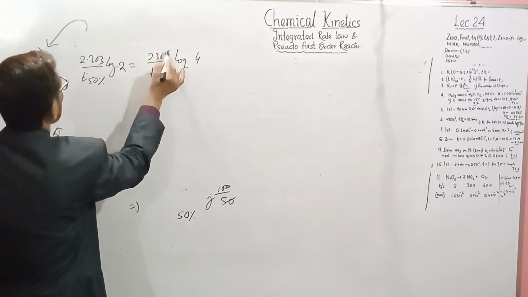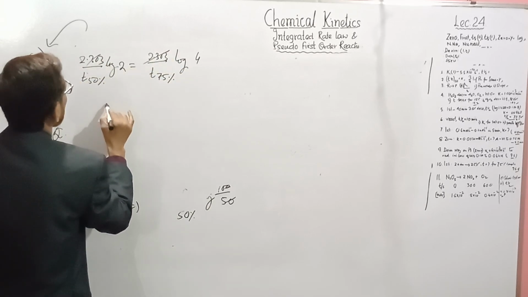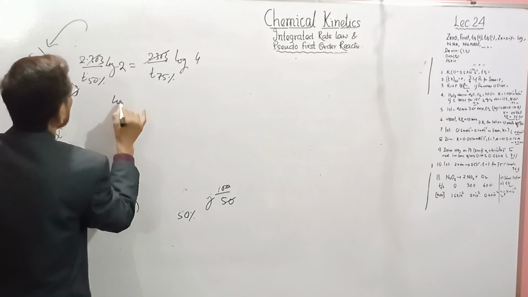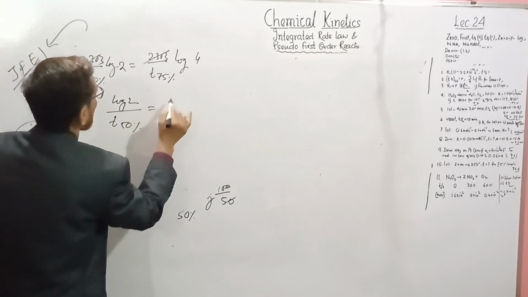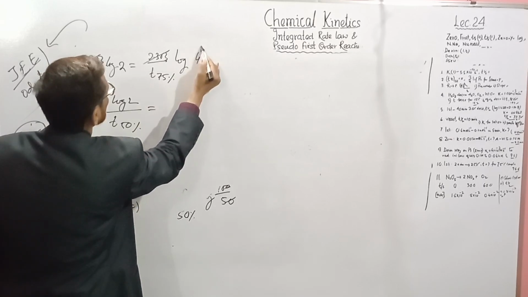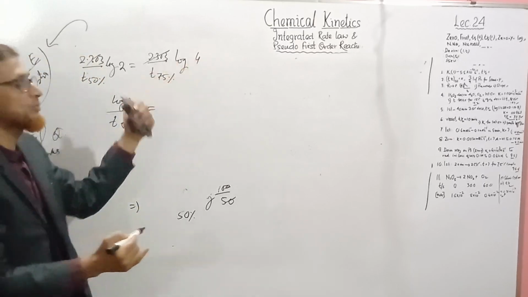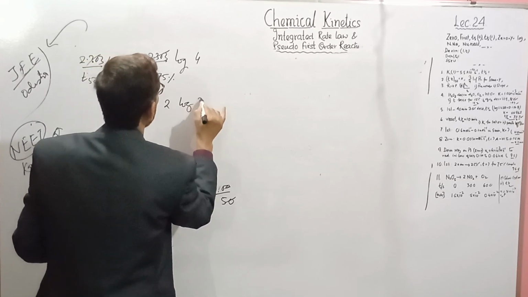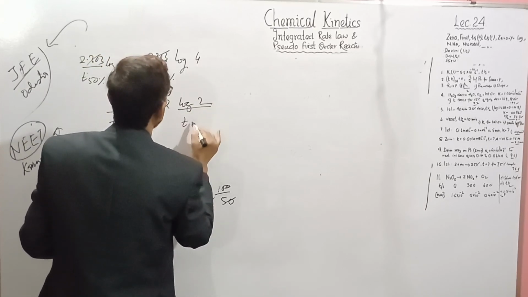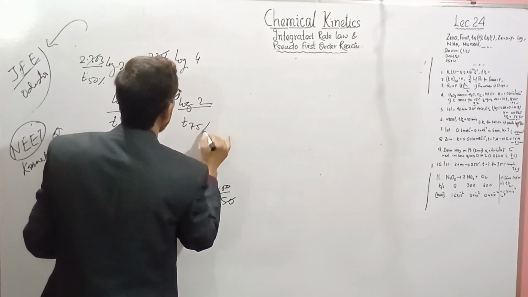So you see, this is log 2 divided by t of 50% and here 2 log 2. It is 2 square. Am I right? So 2 comes as coefficient. So you are getting 2 log 2 over t of 75%.